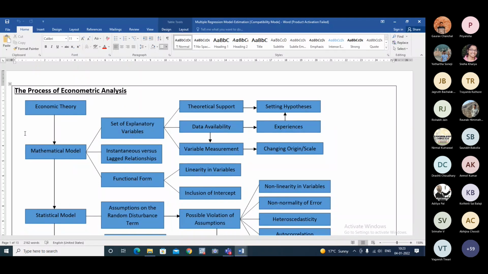Demand for a commodity may change because of change in income of the consumer, because of change in prices of other commodities, etc. So this analytical framework is very, very important in econometric analysis.